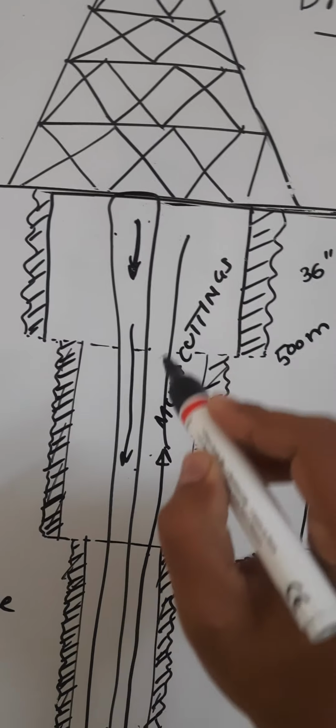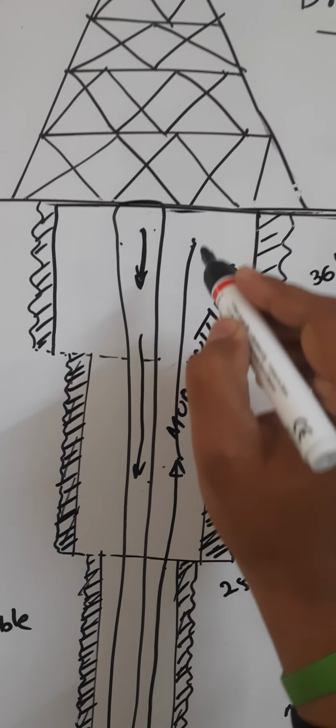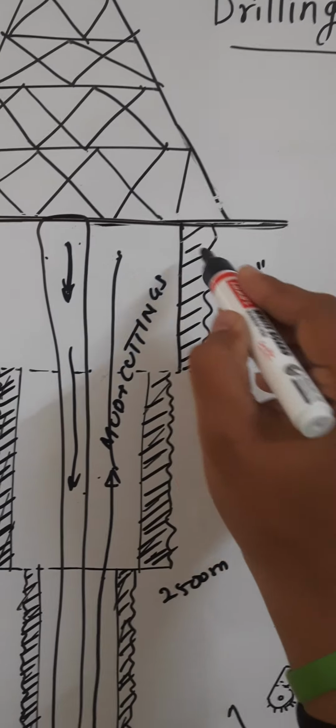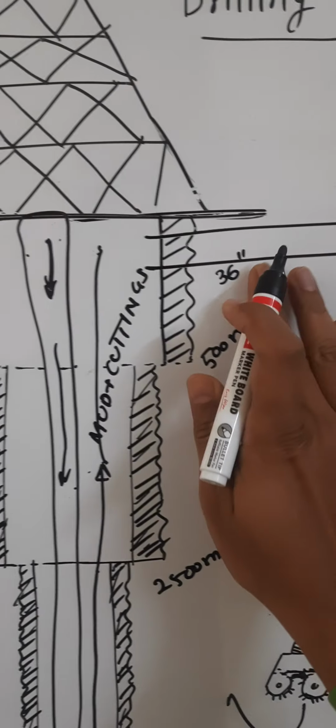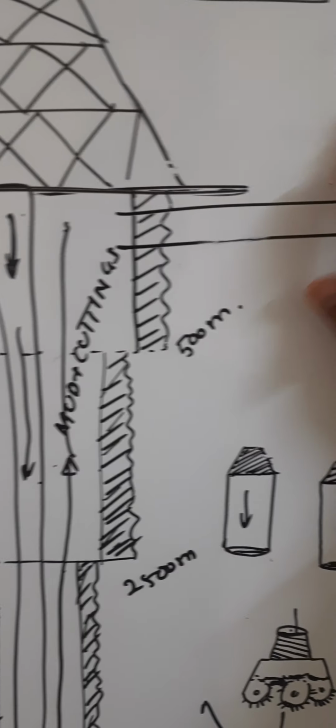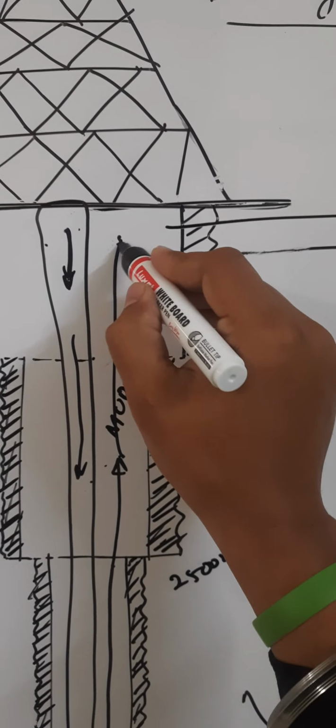This comes here, and when this comes near the surface, we make some arrangement of a pipe type. This is called the flow line.